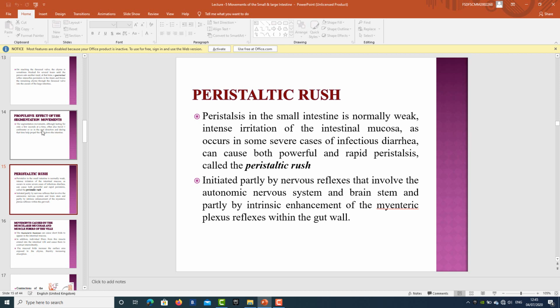Intense irritation of intestinal mucosa, which occurs in severe cases of infectious diarrhea, can cause both powerful and rapid peristalsis, known as the peristaltic rush. It is initiated partly by the nervous reflexes that involve the autonomic nervous system and brainstem, and partly by intrinsic enhancement of the myenteric plexus reflexes within the gut wall.